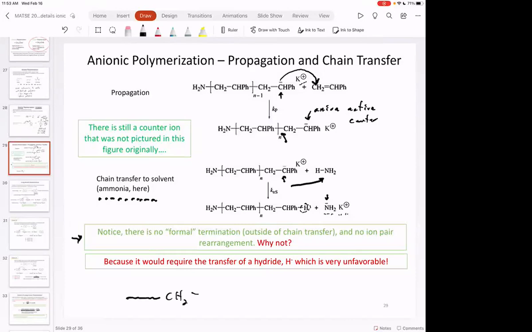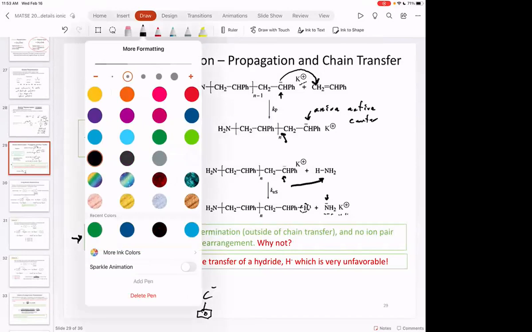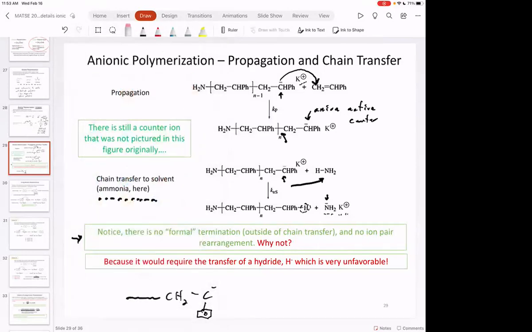So if we go CH2, let's put the phenyl ring in, and we have our, oh, sorry, that's a CH. And we have our negative charge here. There's not a really easy way to figure out how to terminate those extra 2 electrons. And so in anionic polymerization, there's no real termination.